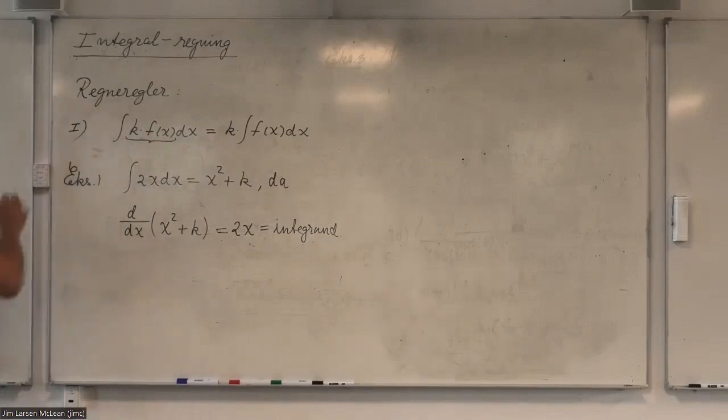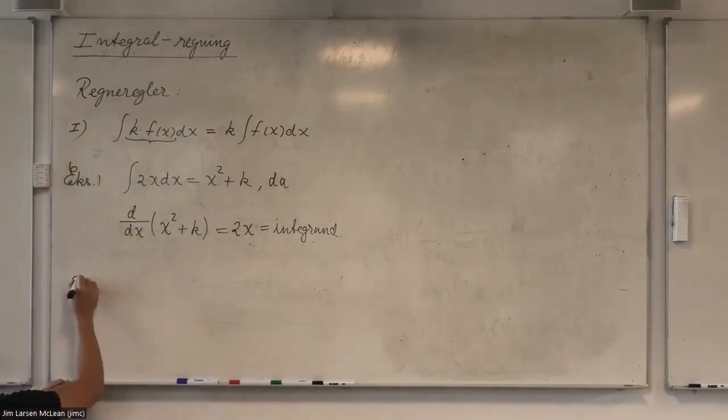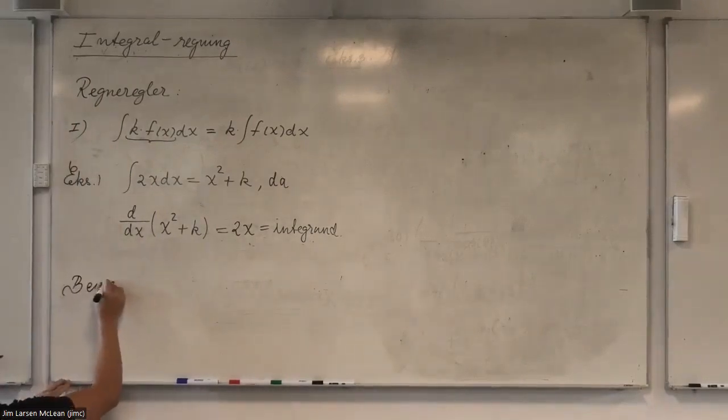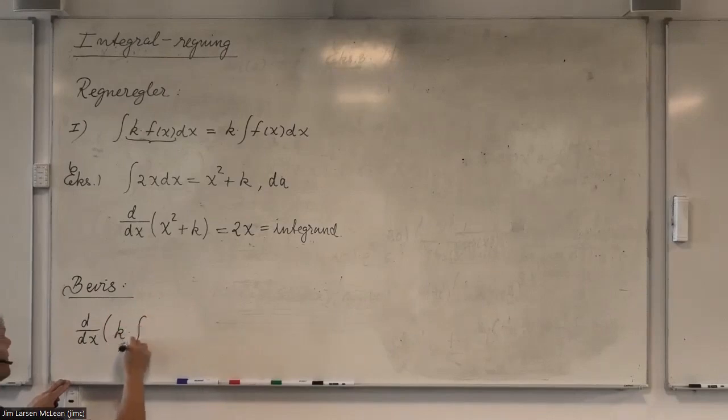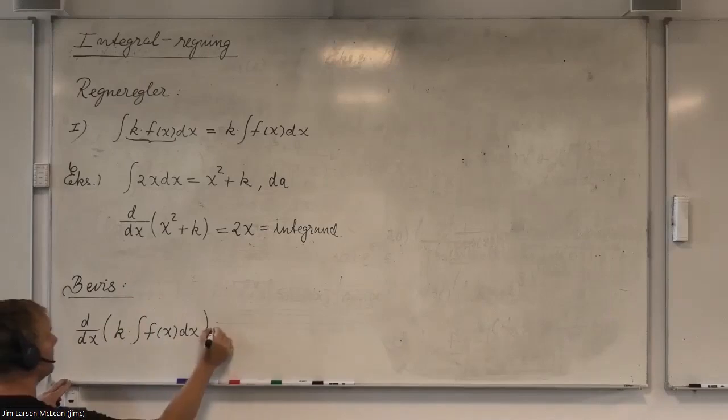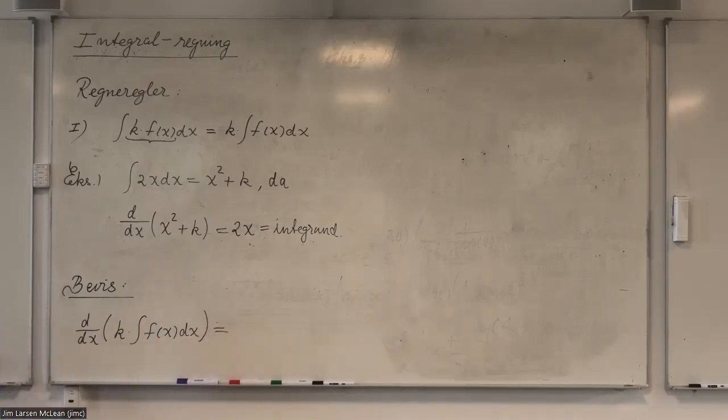So I can just prove the rule quickly. If I differentiate k times the integral of f(x) dx with respect to x, what do I get? The constant multiplier stays put when you differentiate.